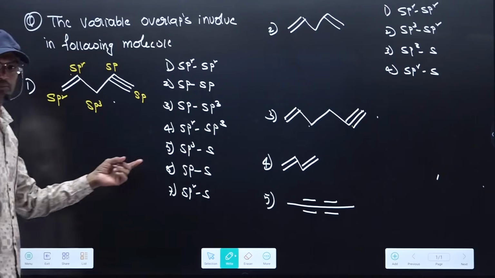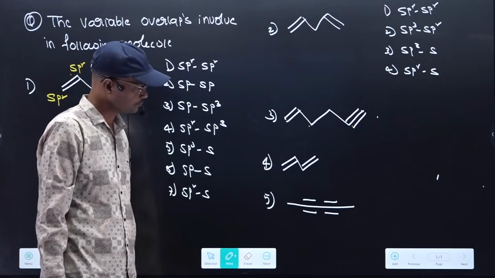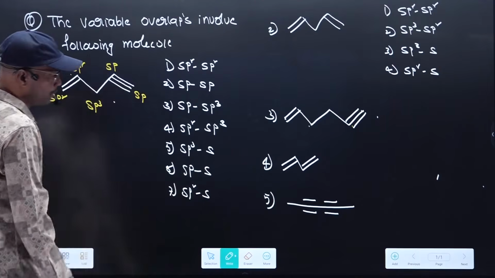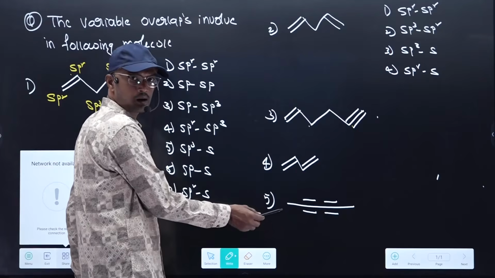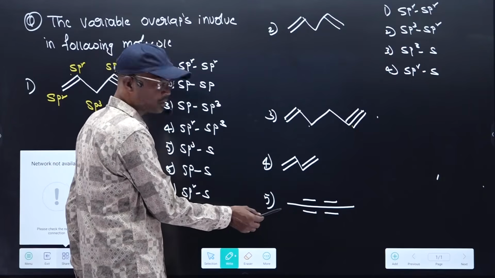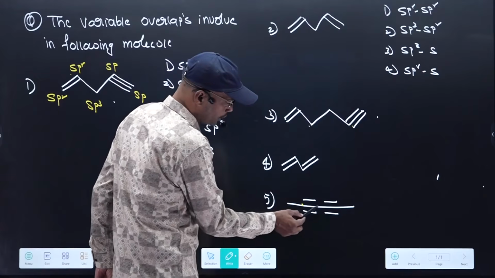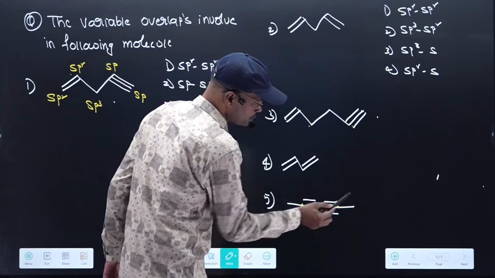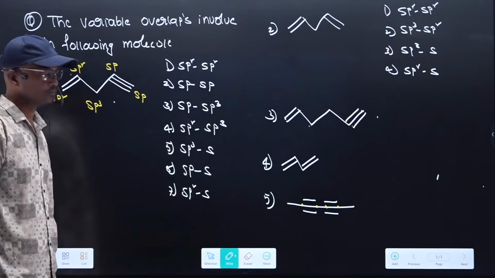1,3-butadiene. This is 1,3-butadiene. Here how many carbons are present in this one? This molecule carries how many carbons? 1, 2, 3, 4, 5 and 6. Total 6 carbons.